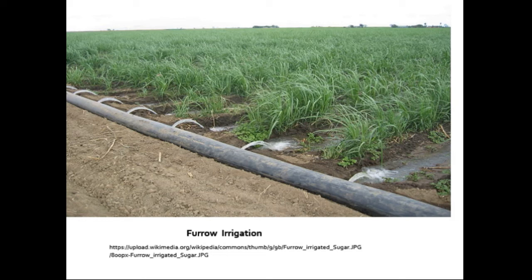Long furrows are advantageous in intercultivation. However, too long a furrow results in deep percolation losses and soil erosion near the upper end of the field and too little water near the tail.